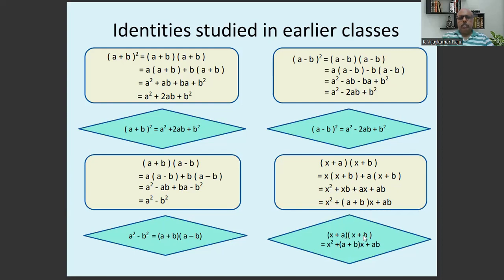So (x plus a)(x plus b) is x square plus (a plus b) into x plus ab. These were the four identities which we have already learned in lower classes, and by now you should be knowing them. Anyway, I showed you the derivation. I think now you will be able to recall what it is about and how it had been derived.